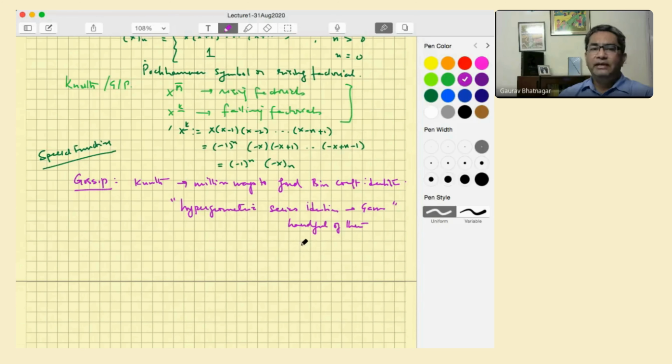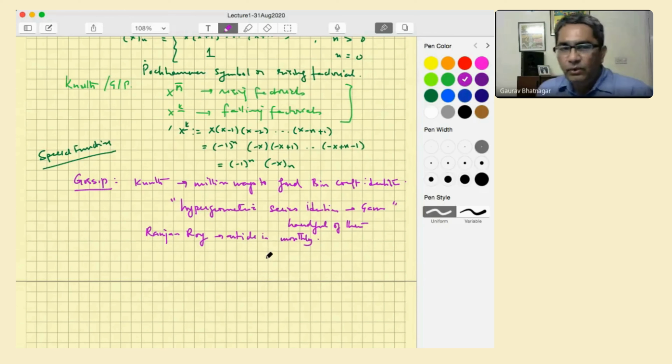Then somebody pointed out to Knuth that all these millions of binomial identities are special cases of a handful of hypergeometric identities. There's a chap called Ranjan Roy who wrote an article in the Monthly pointing this out to Knuth. Knuth had already written his books, in his 60s and all, in '68, '70, and he had a huge number of very clever techniques for handling binomial coefficient identities, which come all over the place in computer science.